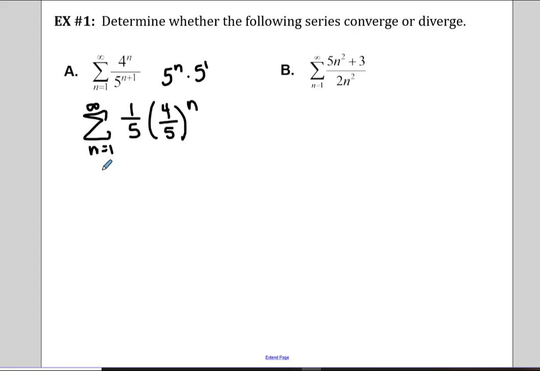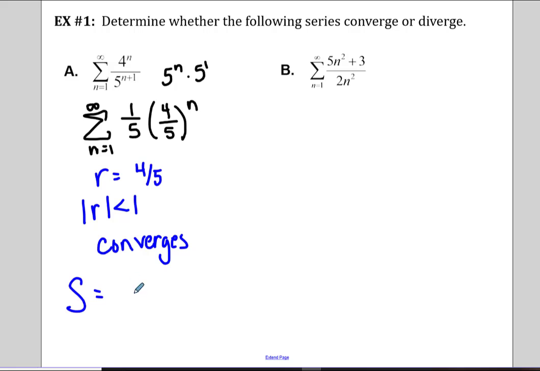So you can see that the ratio is 4/5, and the absolute value of 4/5 is 4/5. So our ratio is less than 1, and we know that it converges. And because it converges, if you wanted to find the sum, you could find it by taking the first term, 4/25, and dividing it by 1 minus the ratio, and you would get 4/5 for the sum.